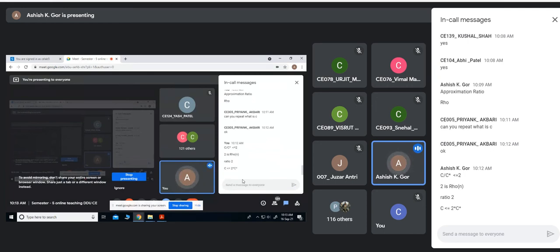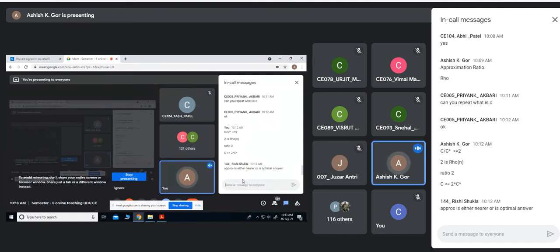Okay, now can you interpret this? Can anybody interpret this? C less than or equal to 2 times C star. C star is an optimal answer. For example, C is your approximate answer. So what I'm trying to say by this? Am I trying to say that my approximate answer is maximum 2 times the optimal answer?